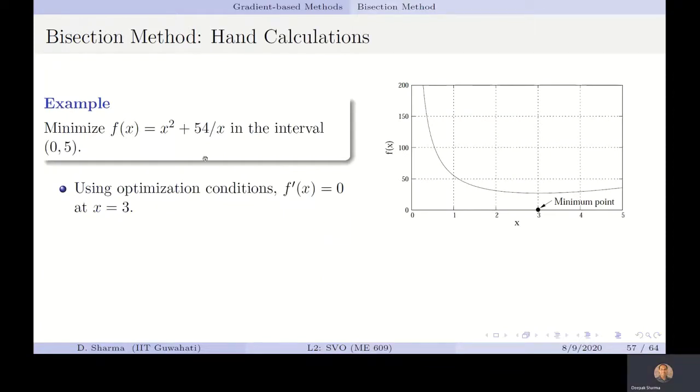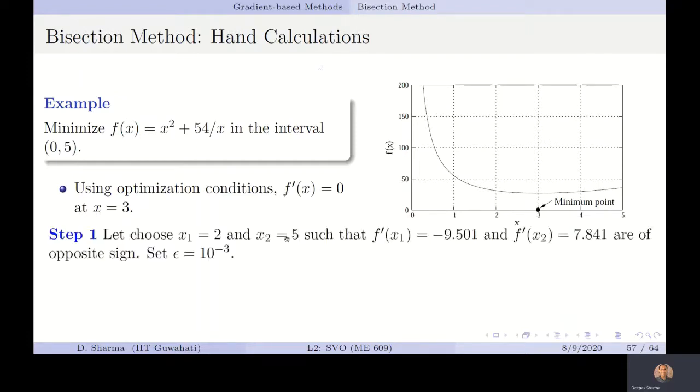Let us solve the same problem which we solved earlier. For this given problem, we know that the optima lies at 3. I will show you the hand calculation of the bisection method. The first step is to choose A and B such that the signs of their derivatives are opposite. So I have directly written x1 equals 2, x2 equals 5.